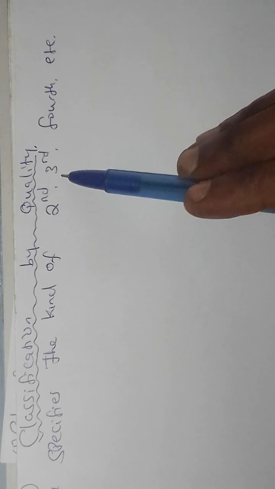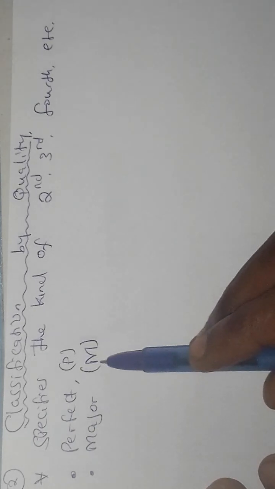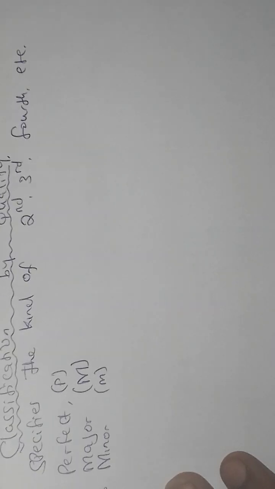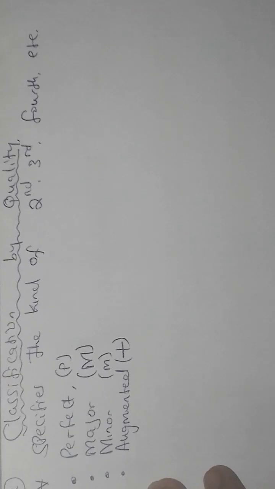And when we are talking of the kind, we are simply talking about an interval being either perfect, which we denote by P, major, denoted by capital M, minor, denoted by small m, augmented, which is denoted by a positive, or plus, addition sign, or diminished, which is represented by a degree sign, like when we write 10 degrees Celsius.